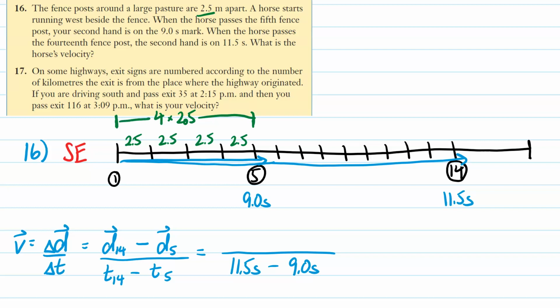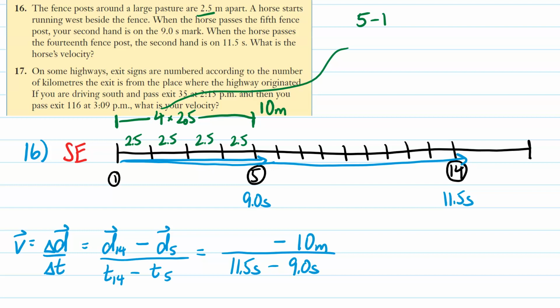You can consider that 4 as in 5 fence posts minus the first fence post, right? So 4 times 2.5 equals 10. So you can say that this position is a position of 10 meters. Okay, so your position at the 5th fence post is 10 meters.